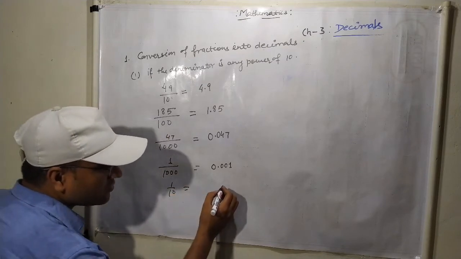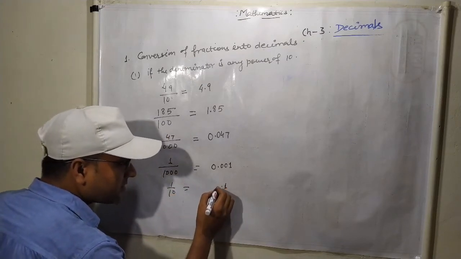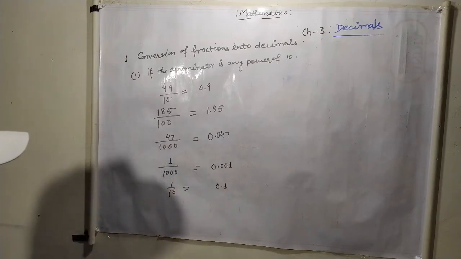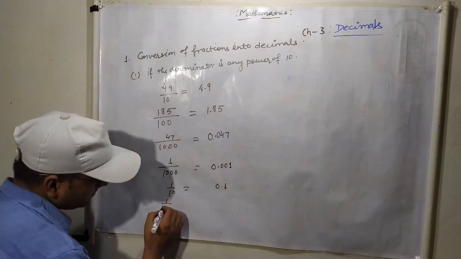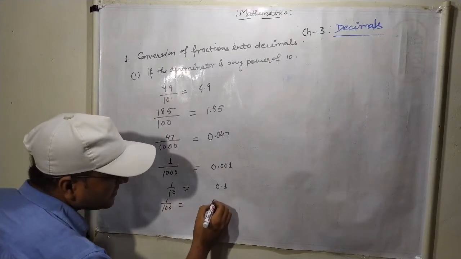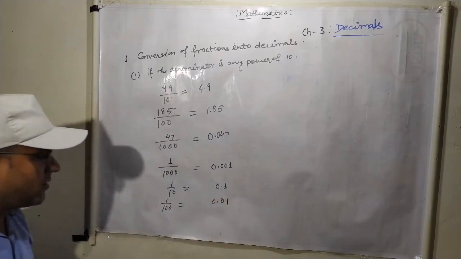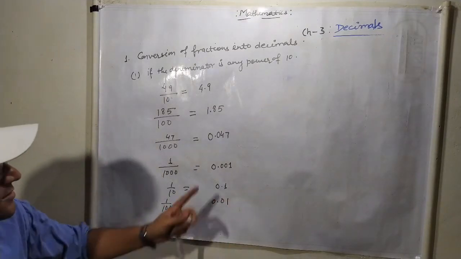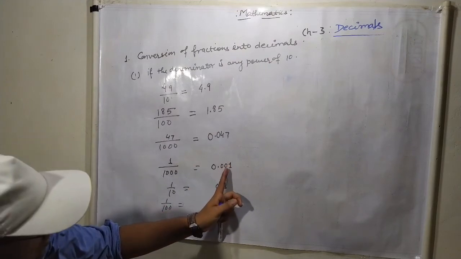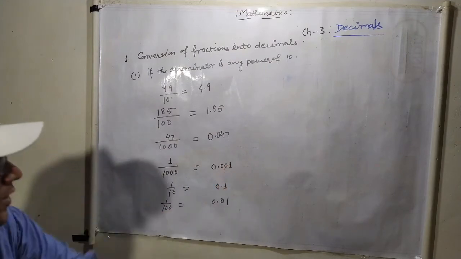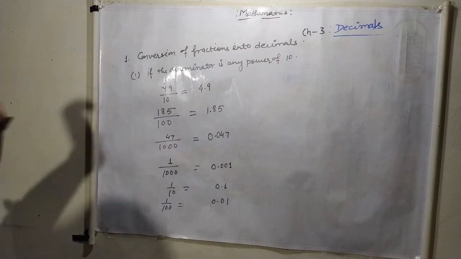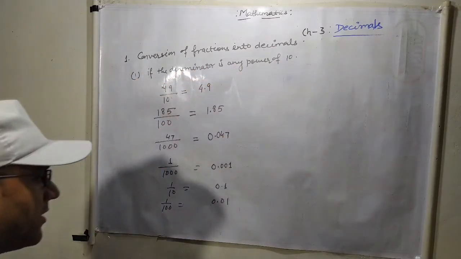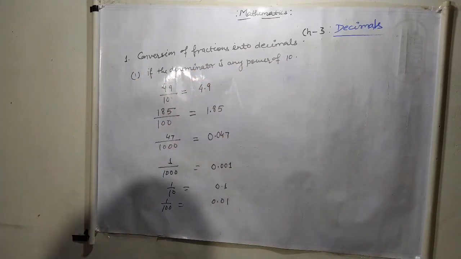There is one 0, so one digit and then the point, 0.1. 1 upon 100 means 0.01. 1 upon 1000 means 0.001.